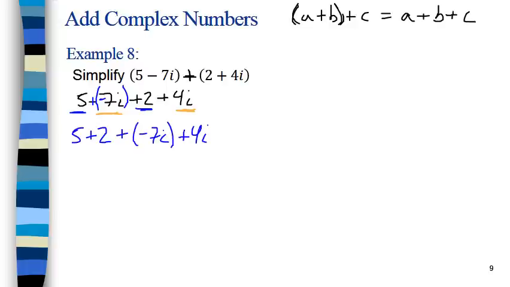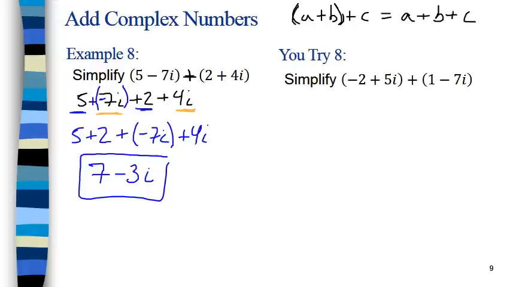And so 5 plus 2 is 7. And negative 7i plus 4i is negative 3i. So the simpler form of that expression would be 7 minus 3i. Okay, go ahead and take a moment, write this problem down, simplify it on your own, and we're going to talk about that answer in class.